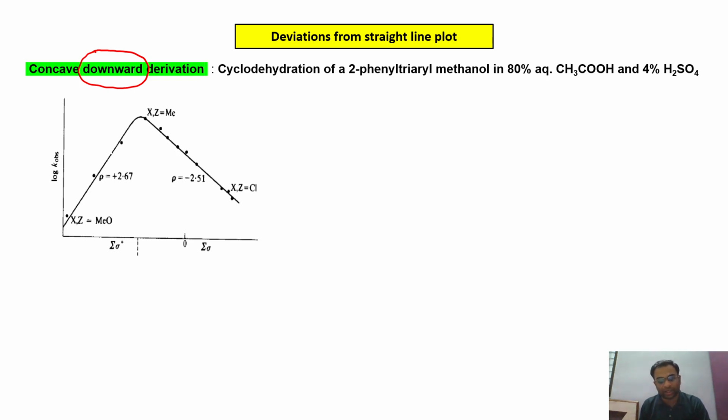The mechanism of the reaction is the same, but only the rate determining step is changing. The best example of this is the cyclodehydration of 2-phenyl triaryl methanol.